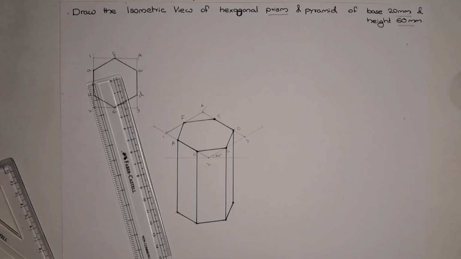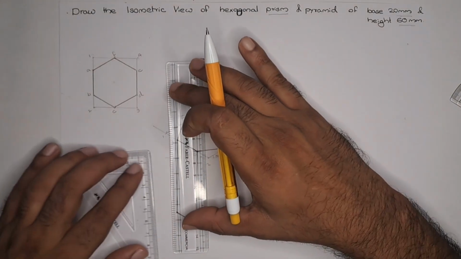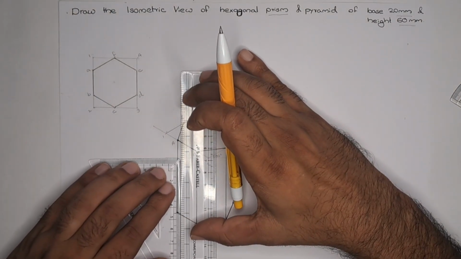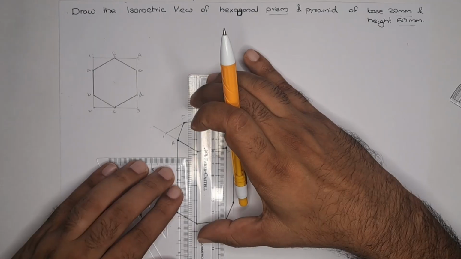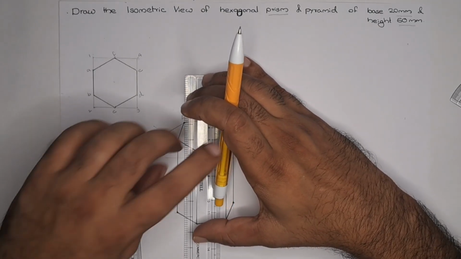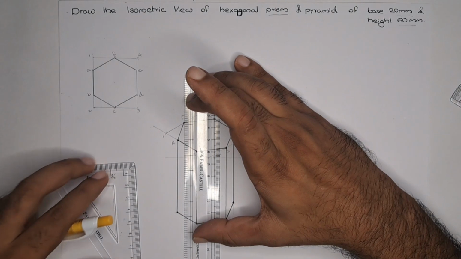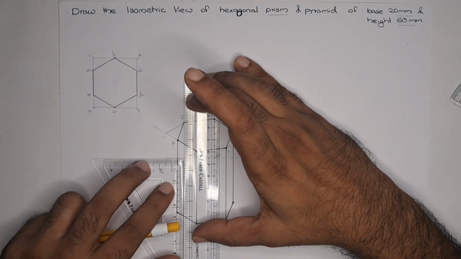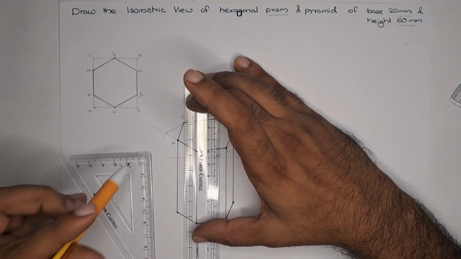If needed, we can also mark the hidden edges. For that, we are drawing the lines from the remaining corners, the hidden edges. We can see it from F and E.